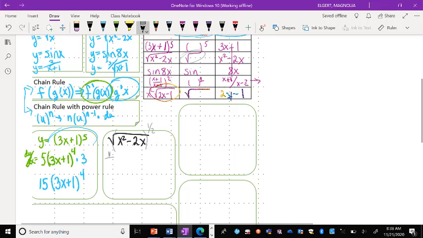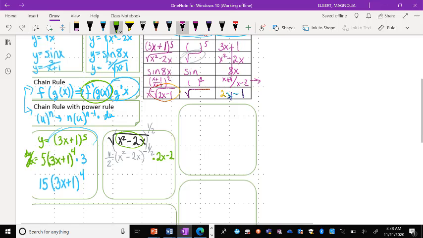So I have 1/2 times the inside. And I still do my power rule. So 1/2 minus 1 is negative 1/2 multiplied by the inside. I need the derivative of the inside. So the derivative of that would be 2x minus 2.